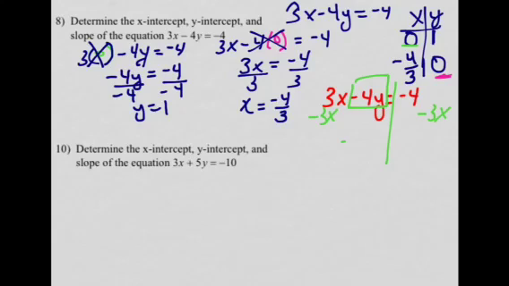I'm left with a negative 4y over here equal to minus 4 minus 3x. Now I have to divide everything by negative 4. That cancels. And y equals negative 4 divided by negative 4 is 1.